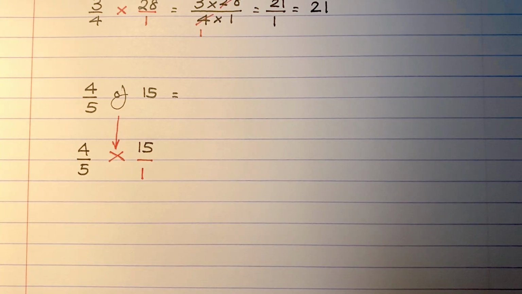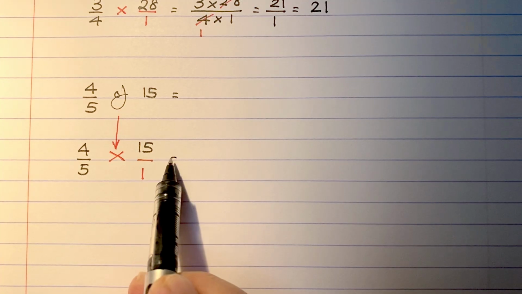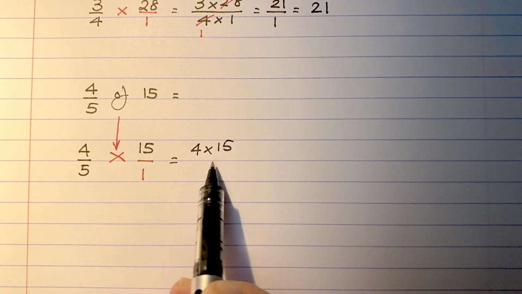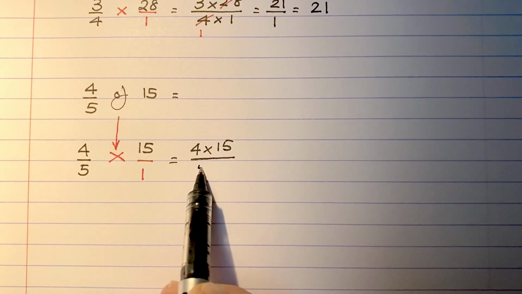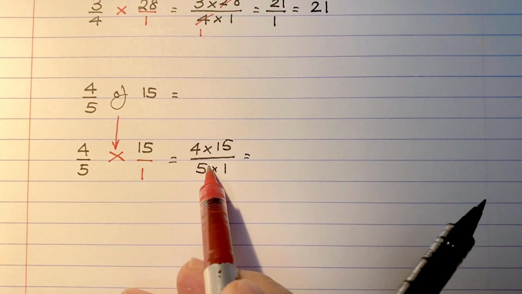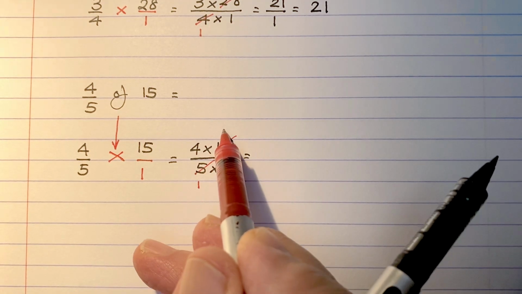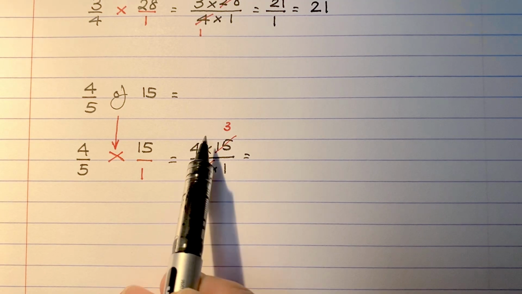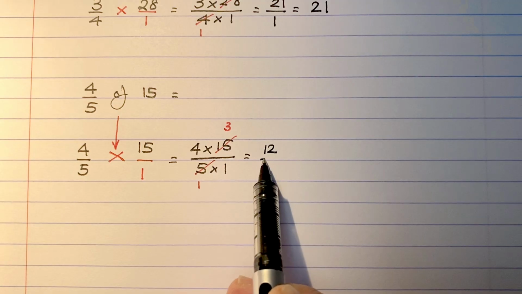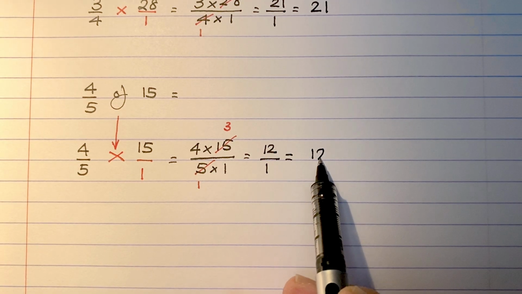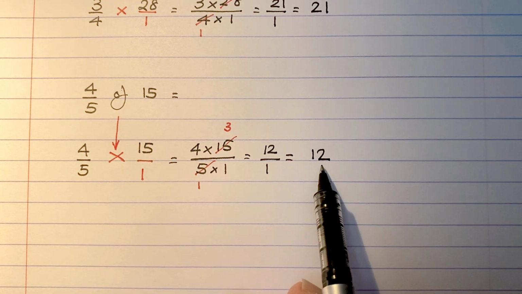So we've got 2 simple fractions to multiply. 4 times 15 and 5 times 1. Here, fortunately, 5 and 15 cancel, 1 from top and 1 from bottom. Nothing else cancels. 4 times 3, 12. 1 times 1, 1. 12 divided by 1 is 12. So 4/5 of 15 is 12.